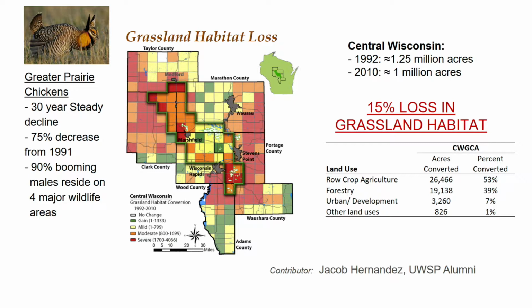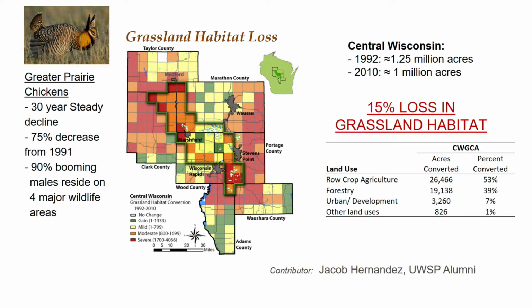For a number of years I spent in Wisconsin. I worked with the Wisconsin Department of Natural Resources to help manage the greater prairie chicken. The greater prairie chicken is a species once found throughout the entire state of Wisconsin and all of its counties that has shrunk back in terms of its range, the places where it lives, just to this small area in central Wisconsin. And over the last 30 years, there's been a steady decline.